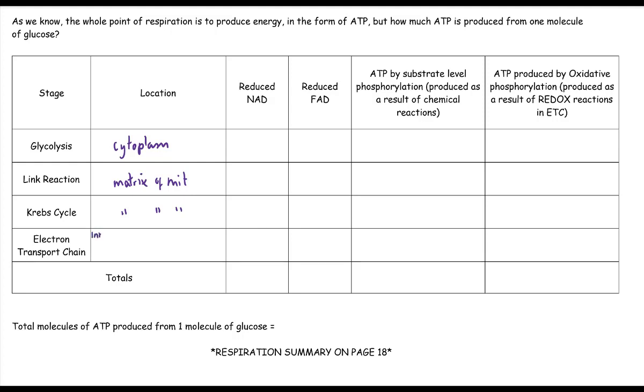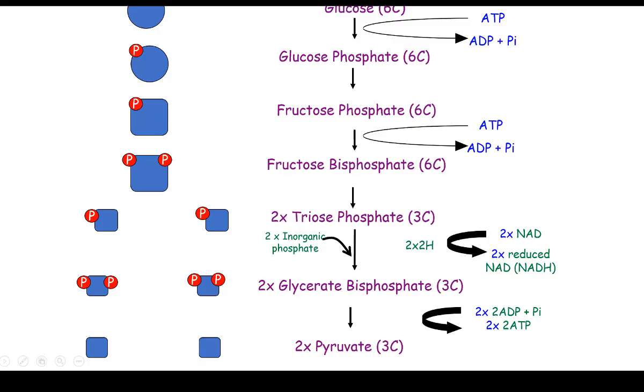You can either say inner mitochondrial membrane, or you can say surface of cristae. Now, in glycolysis, we made 2 reduced NAD.